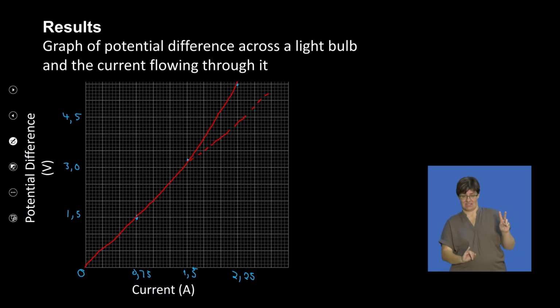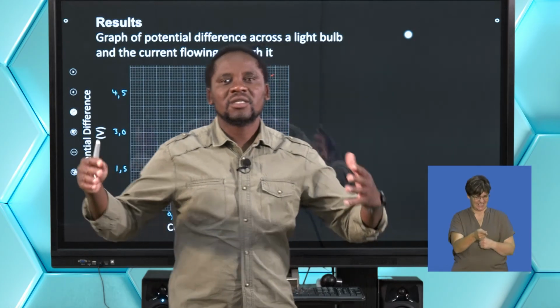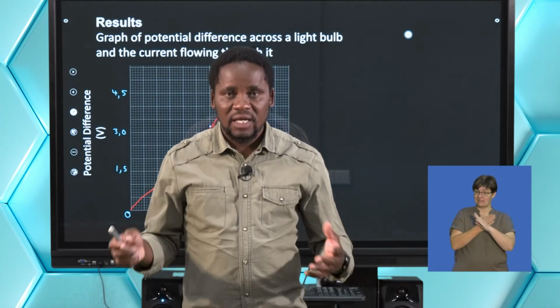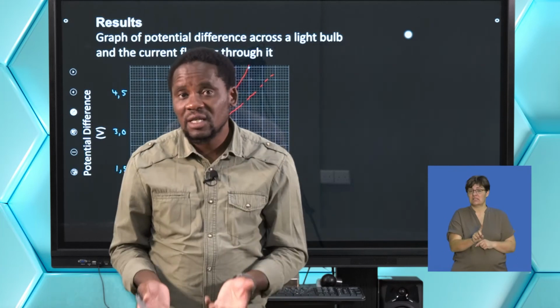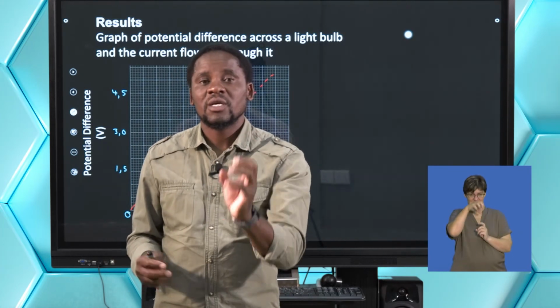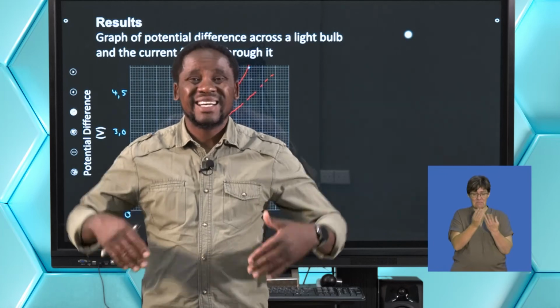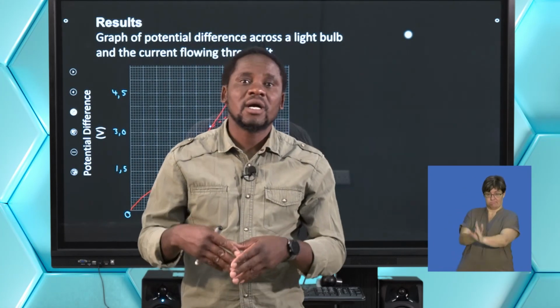Now, as we increase the amount of current flowing through it, the potential difference that corresponds to it actually does not fall into what we would have predicted. So there's something very special about the light bulb that I think we can immediately pick up from this. And remember, we said the resistance of a component actually depends on the type of material that makes up that component. Some materials tend to offer greater electrical resistance, while others do not.